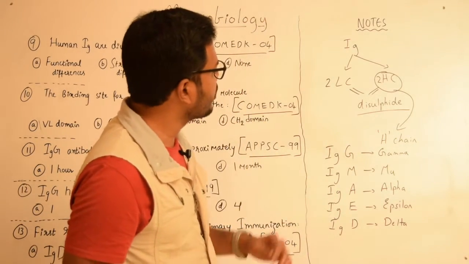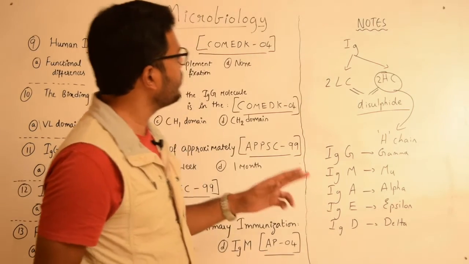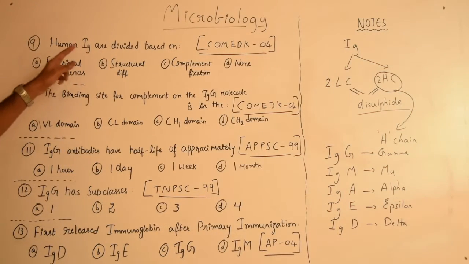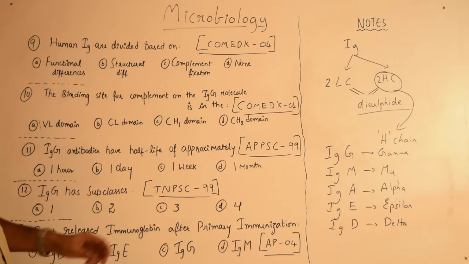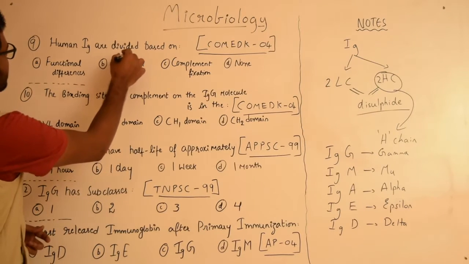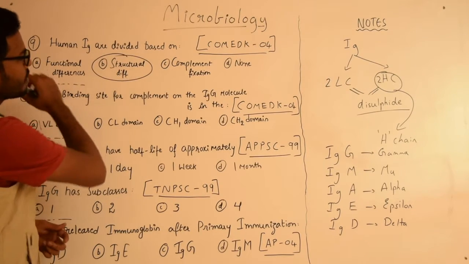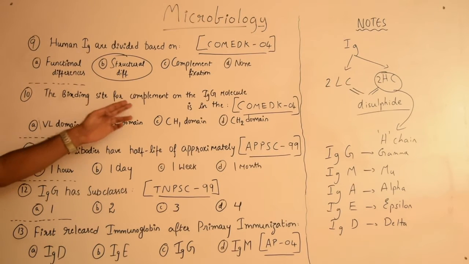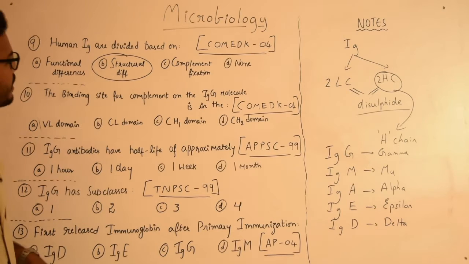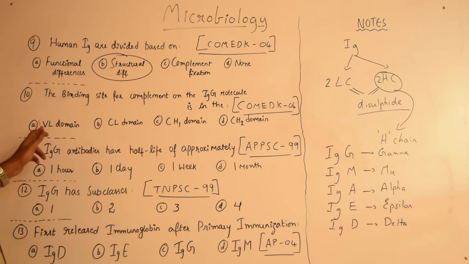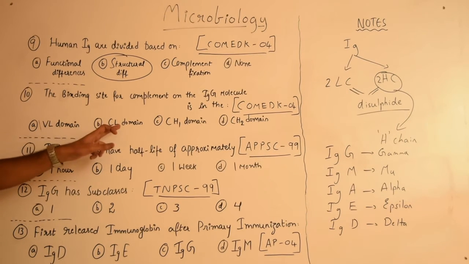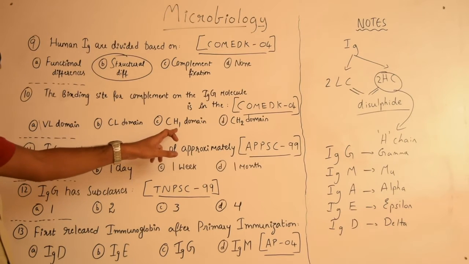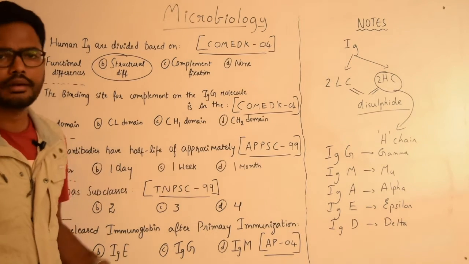of immunoglobulins. Now moving on to the question: human immunoglobulins are divided based on, as discussed, structural difference, right? And then the next question: the binding site for complement on the immunoglobulin molecule is in option A, VL domain, CL domain, CH1 domain and CH2 domain.